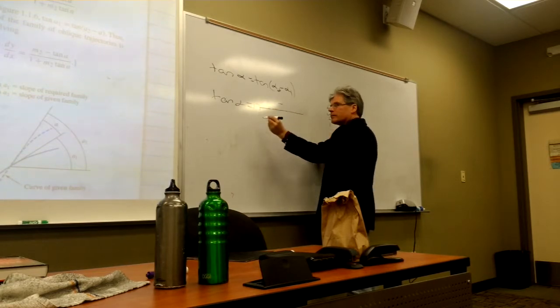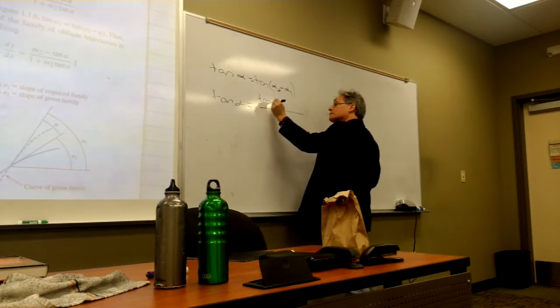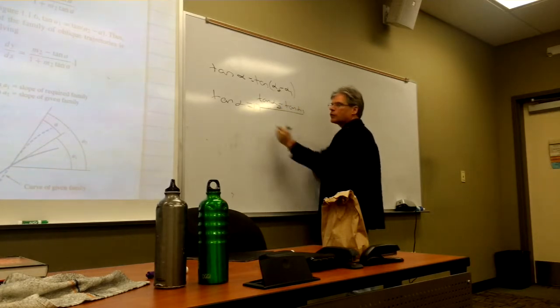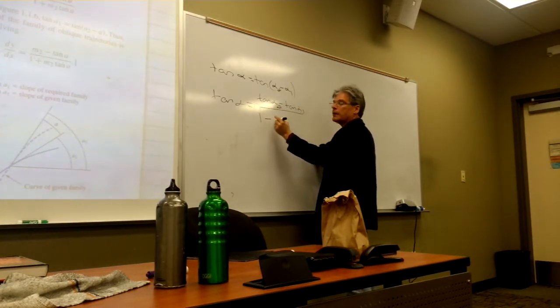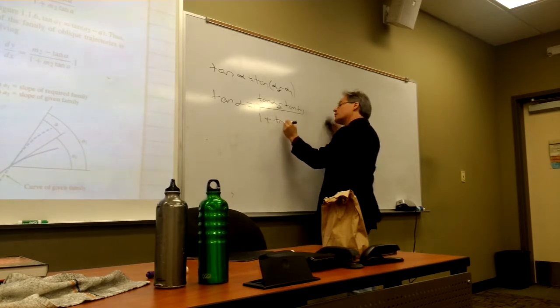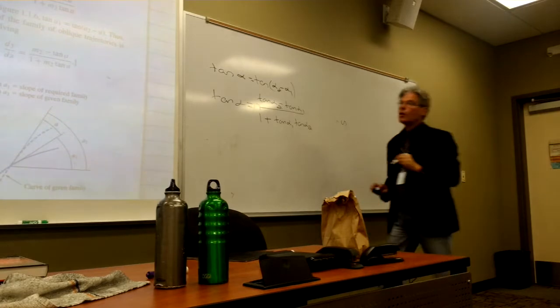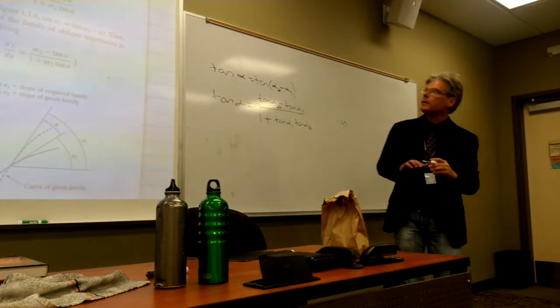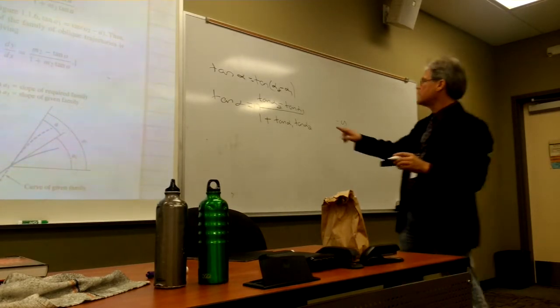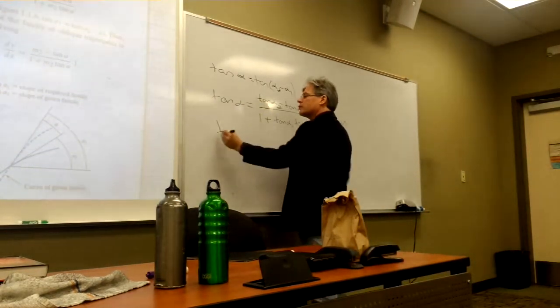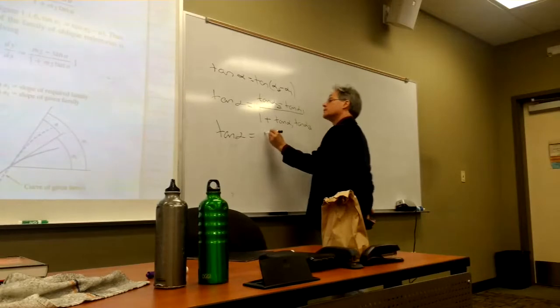The difference of the tangents to 1 minus, oh, I misspoke, I meant 1 plus the product of the tangents. By the way, the author reminded me that tangent of alpha 1 and tangent of alpha 2 are just m1 and m2 respectively. Let me rewrite it.